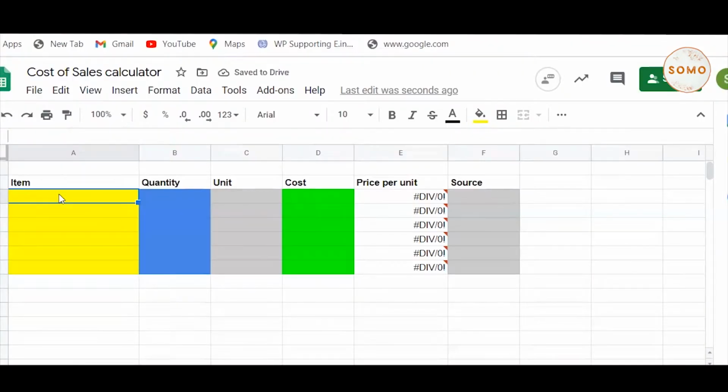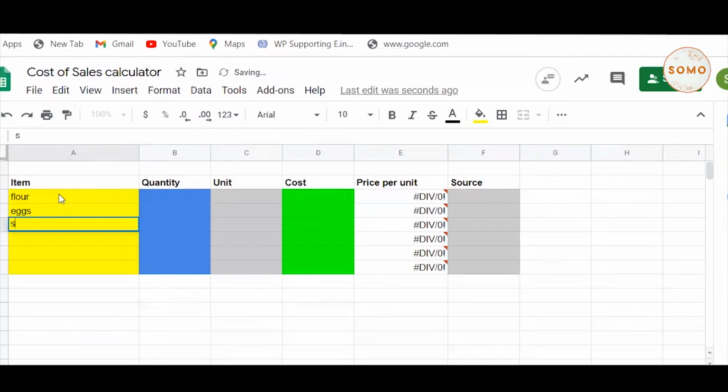Today, we are going to calculate cost of sales using the cost of sales calculator. In this example, we will use a Rolex business. To make a Rolex, we will need the following ingredients. The first one we'll need is the flour. We'll also need eggs.